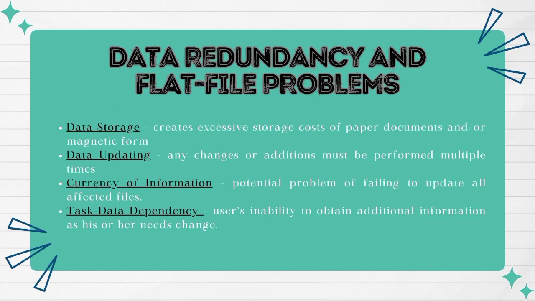For example, in the illustration kanina, if the information needs of user 1 change to include data L, user 1's program would not have access to this data. Although data L exists in the files of another user, which is nasa user 3, keep in mind the culture of this environment. Users do not interact as members of a user community. They act independently. User 1 may be unaware of the presence of data L elsewhere in the organization.